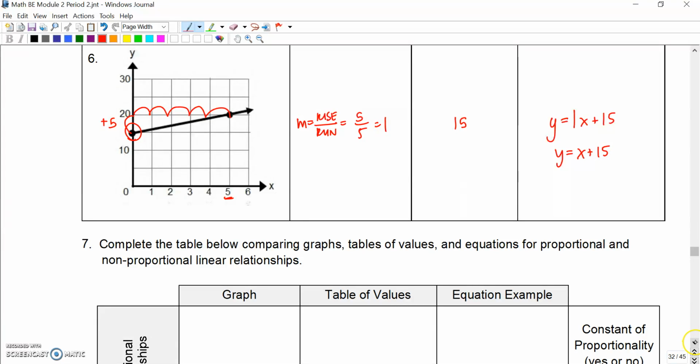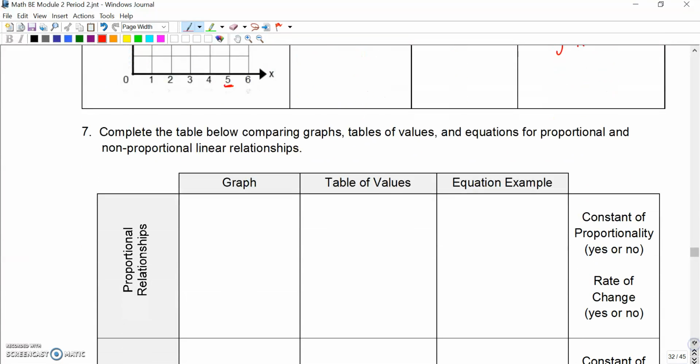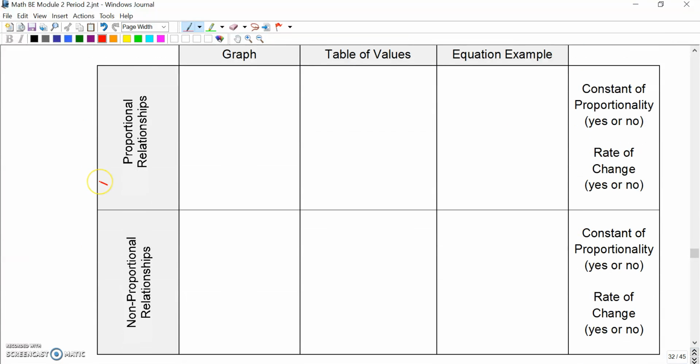Number 7, we fill out a table that kind of summarizes everything that we've been learning about proportional, which was from 2.1, and non-proportional, which is from 2.2. We'll start with proportional. So these graphs looked something like this.